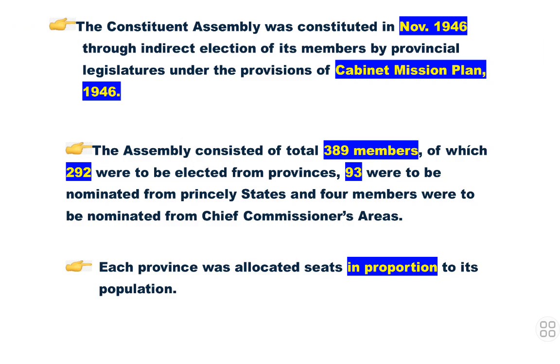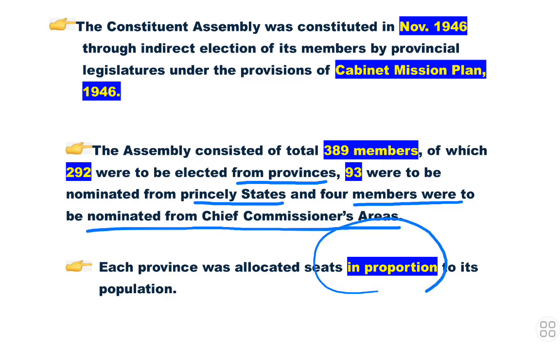The assembly consisted of a total of 389 members, of which 292 were to be elected from provinces, 93 were to be nominated from princely states, and 4 members were to be nominated from chief commissioners' areas. Each province was allocated seats in proportion to its population.